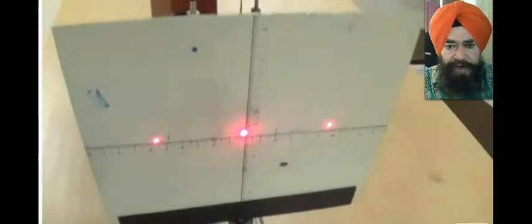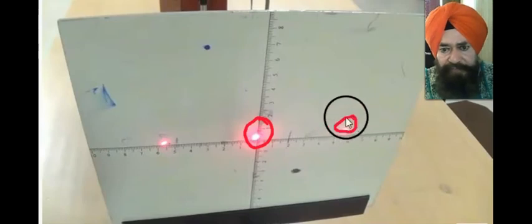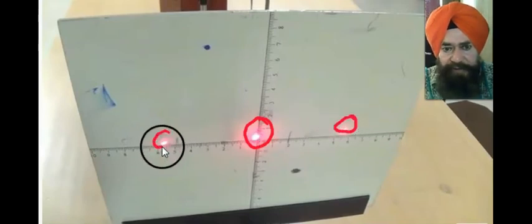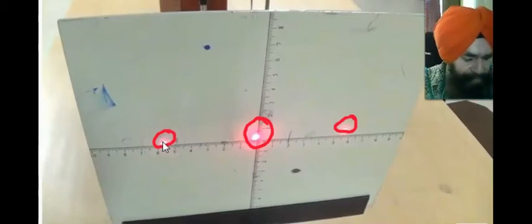Okay, laser light is shone. Now here we are having a screen. On this screen, this is the central maxima, the first secondary maxima, and again another first secondary maxima.